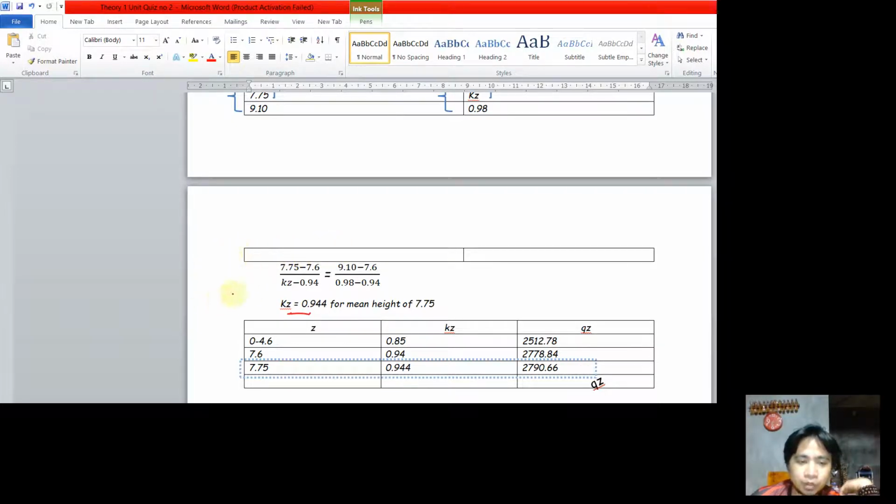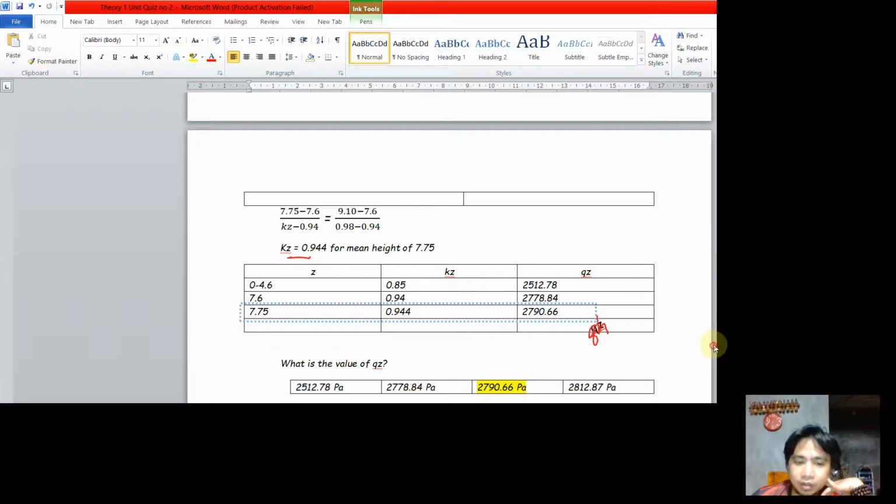So we're now tabulating here the corresponding values for Kz and Qz at different height levels. For the highest, as we have been saying, that will be considered as, sorry, this should be QH, or the Q at the mean level.